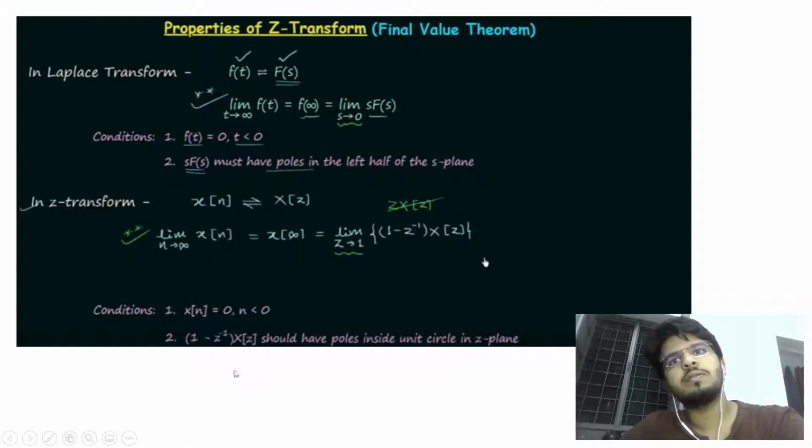The second condition is that (1 minus z raised to power minus 1) times X(z) should have poles inside the unit circle in the z plane. An interesting thing to note here is that in the Laplace transform we had limit s approaches 0, and here we have limit z approaches 1. We must keep that in mind while solving problems.